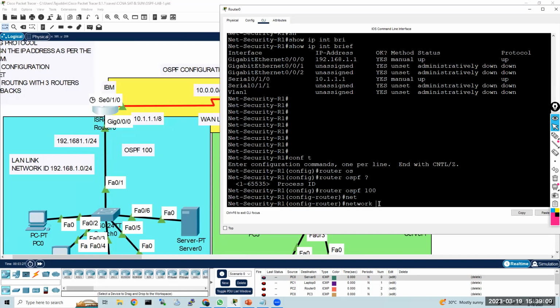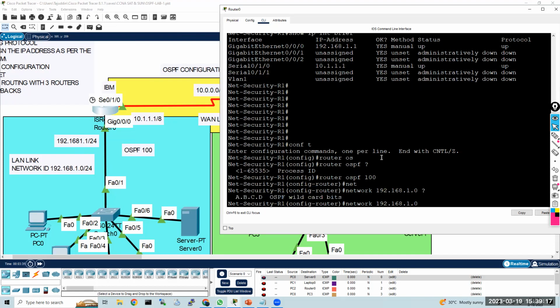Then network, I have to advertise my network. What network is running in this router 1, the IBM router? That is the 192.168.1.0 network. I give the question mark, and here it is asking for the wildcard mask. What is the wildcard mask for this one? 0.0.0.255.